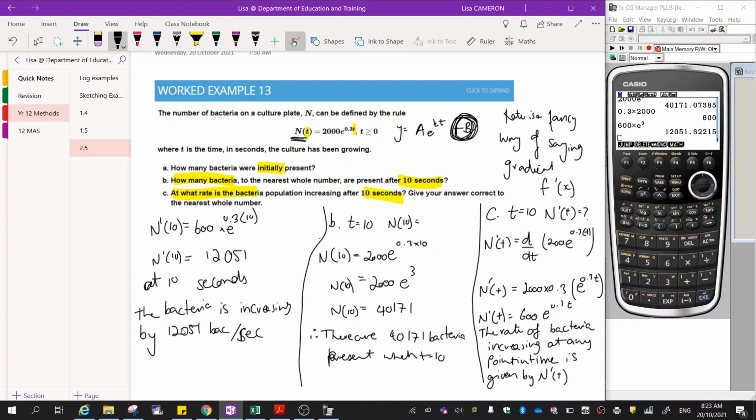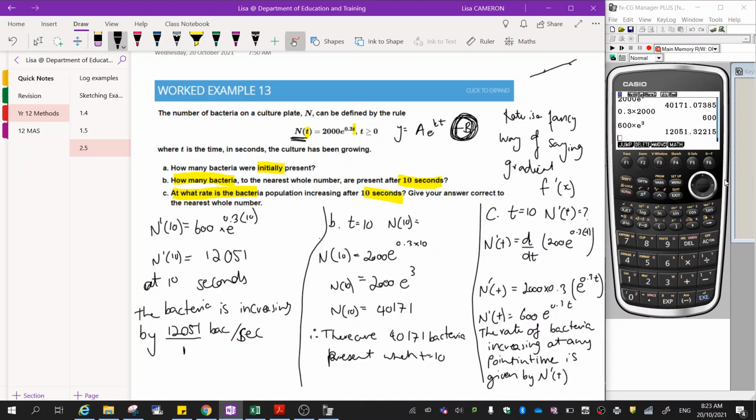Okay, so if you're thinking about what this rate actually represents, we know that rate of change is when you take two different points and then you average them out. So it's saying to you here that for every 12,051 bacteria, it's going to take 1 second for that increase to occur.